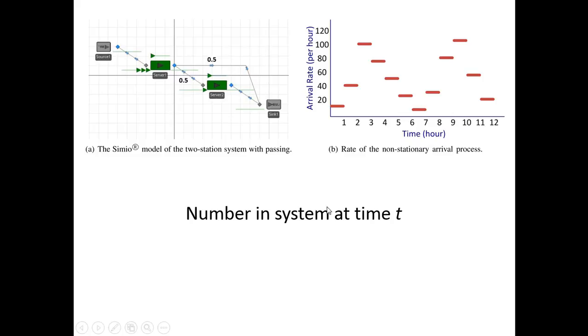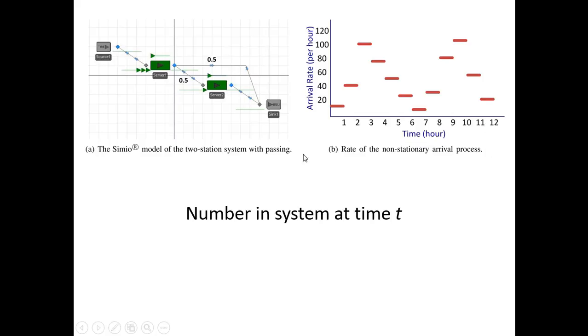But before I do that, let me also talk about the arrival process into my simulation model. So I have a non-stationary arrival process into my model. On this plot, what I'm showing is how the arrival rate, the hourly arrival rate, changes over the 12 operating hours.